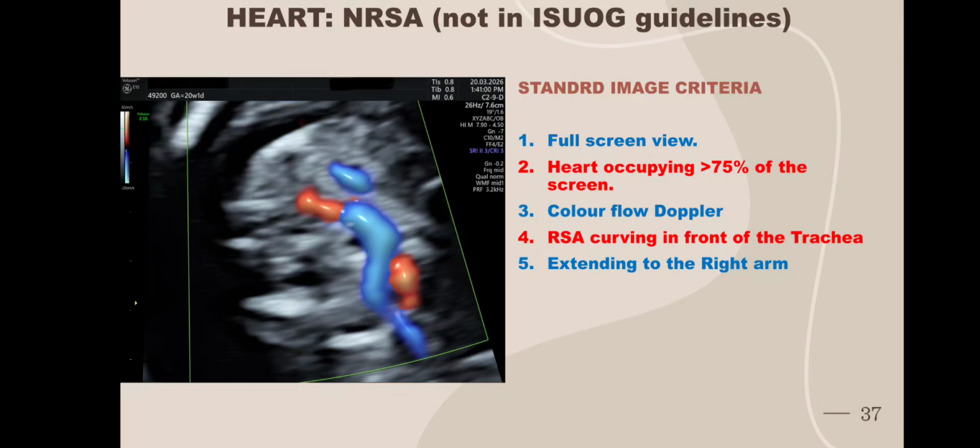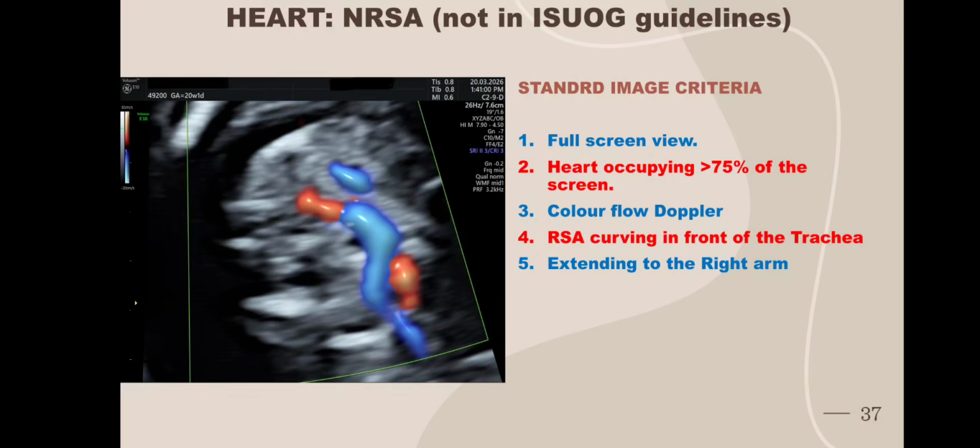And this is the NRSA, or normal right subclavian artery view. In full screen or proper magnification, color flow Doppler shows the right subclavian artery curving in front of the trachea, extending to the right arm.